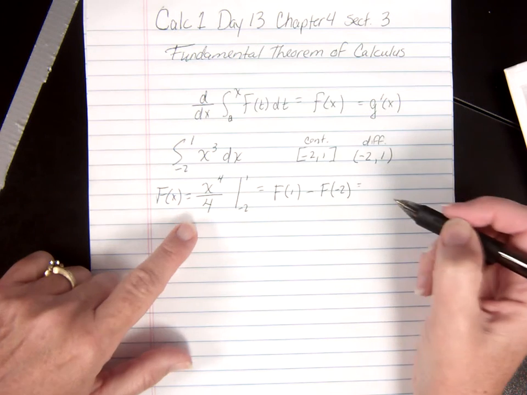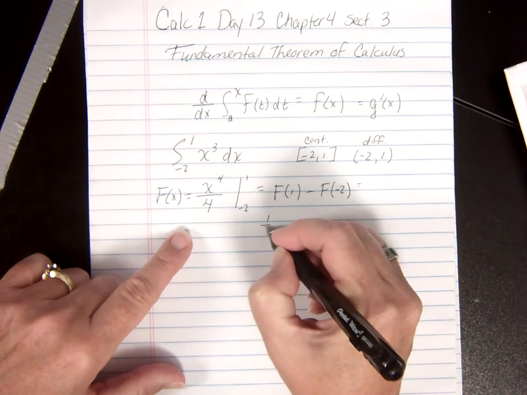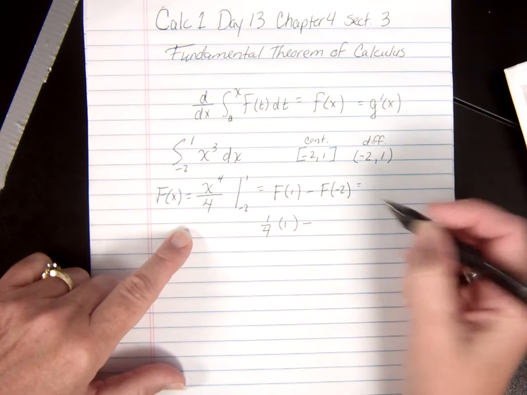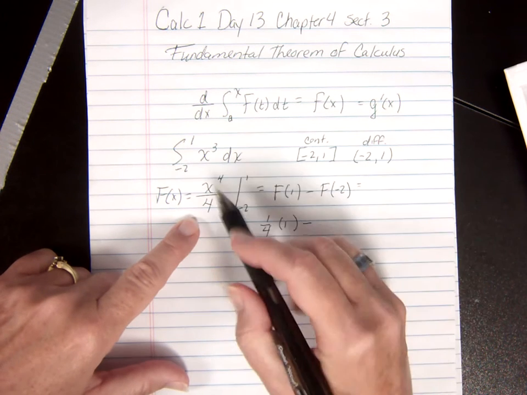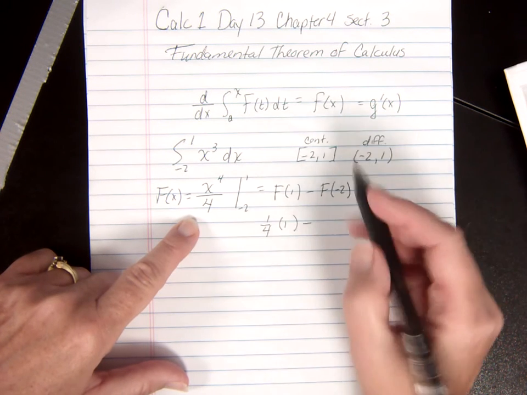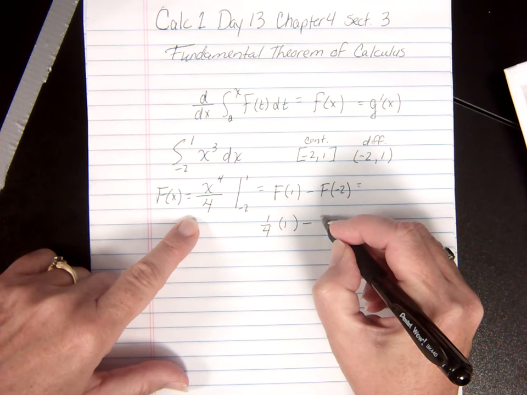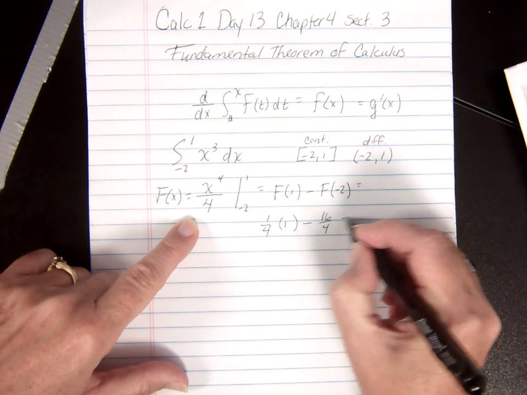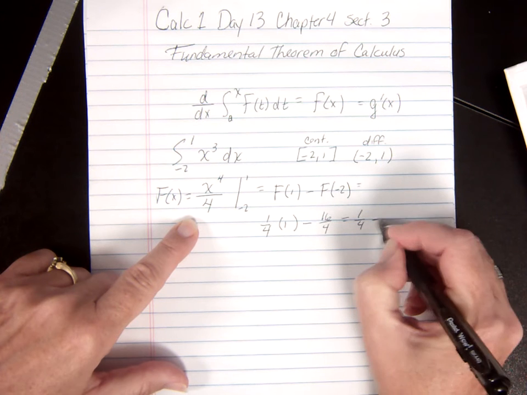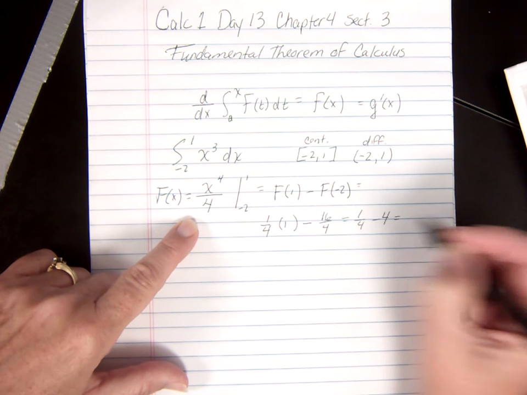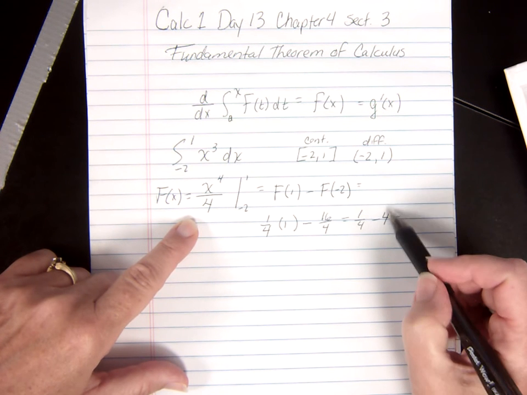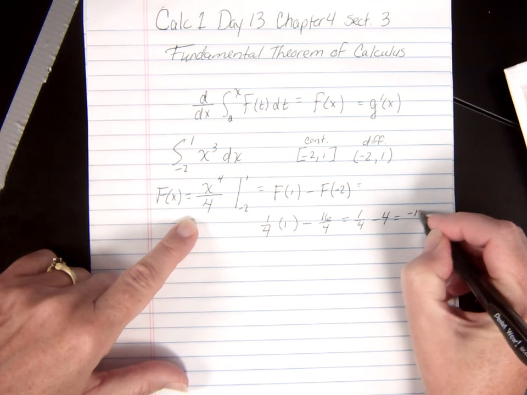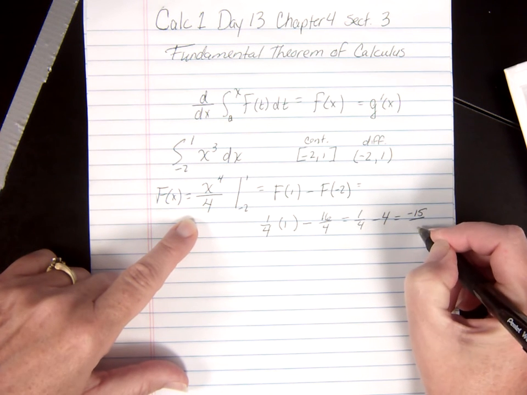Once I do that, I will have 1/4 times 1, minus, plugging in -2 to the 4th power, which is positive 16 over 4. So I now have 1/4 minus 4, which if I place this 16 over 4 and I subtract, I will get negative 15/4.